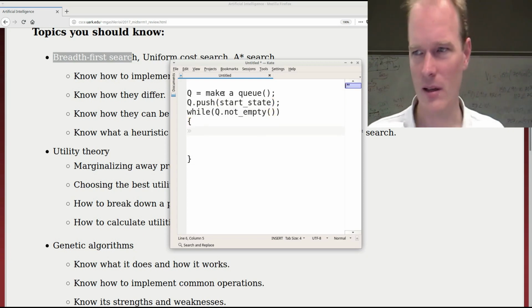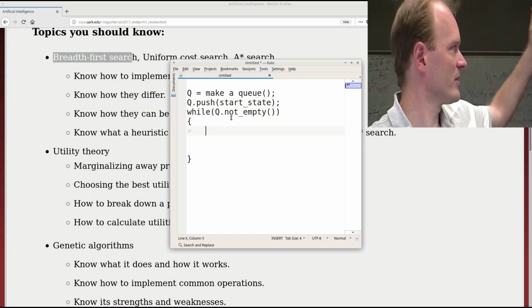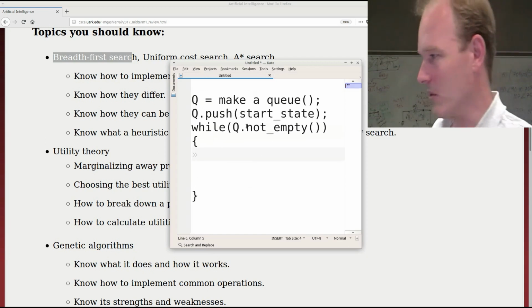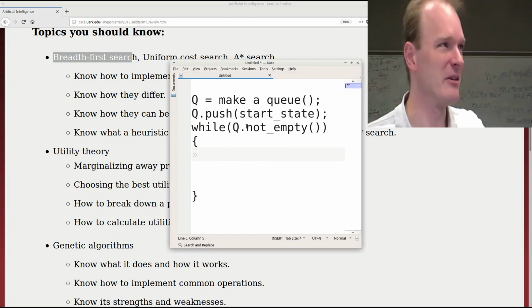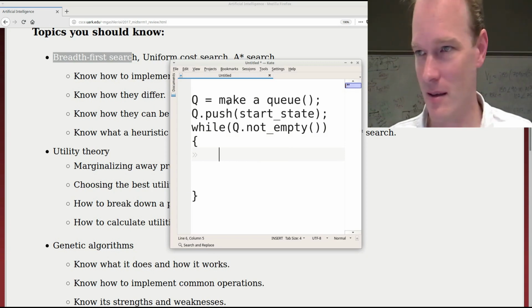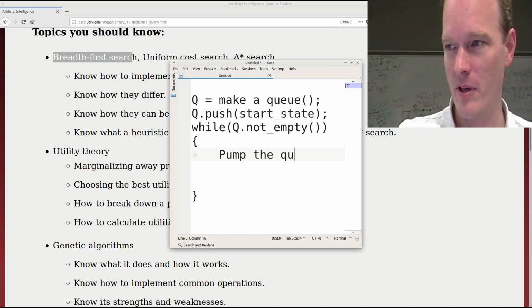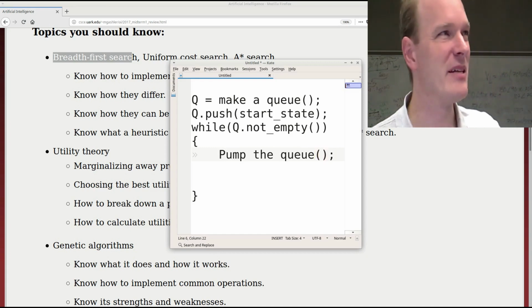And I'm actually putting a lot of symbols here. If you didn't have those symbols, if you just wrote it in words, just as good. I'm only doing symbols because I've been coding for so long that those symbols have meaning to me. And then if you just said pump the queue, that would probably be too high level.